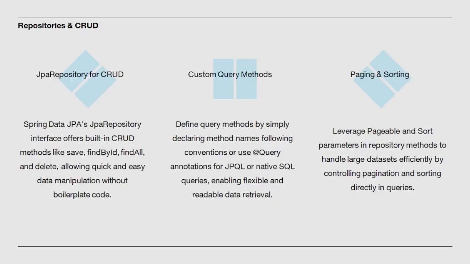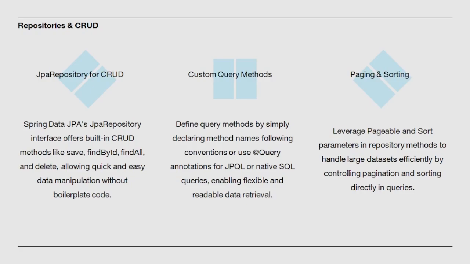Custom query, as I told, it uses internally JPQL, Java Persistence Query Language, where you can easily fetch that. It looks similar to SQL, but it has its own syntax. For example, I want to fetch all the records of the employee, you can use JPQL.